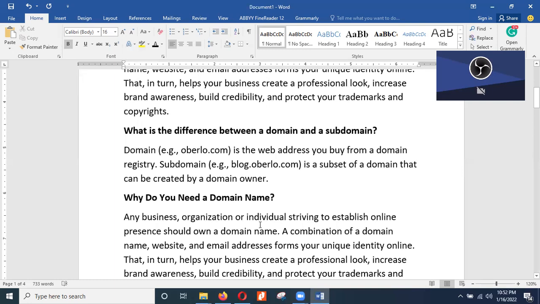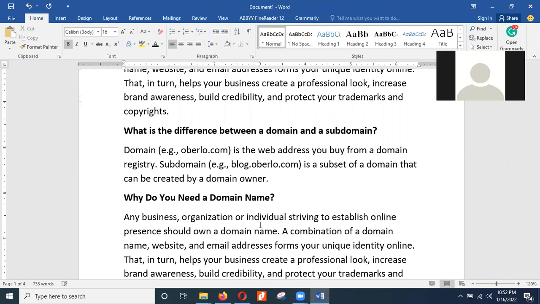Now, why do you even need a domain name? Why is a domain name important? Just like I explained earlier, if you are living in an apartment, for someone to visit you, that person needs your address.